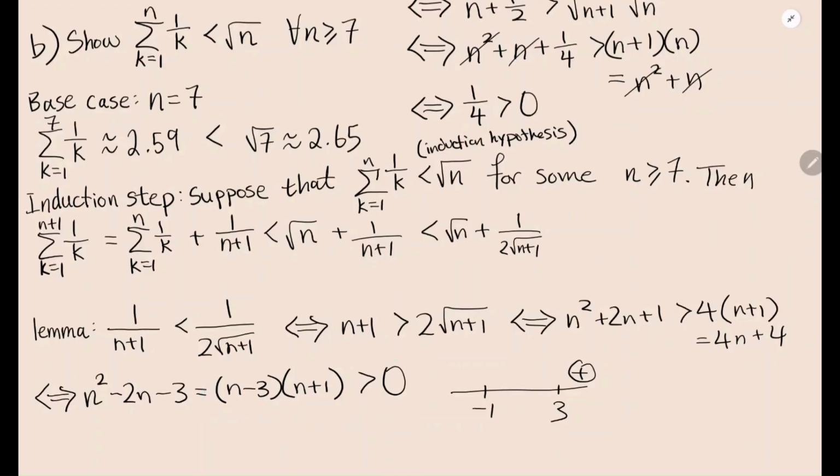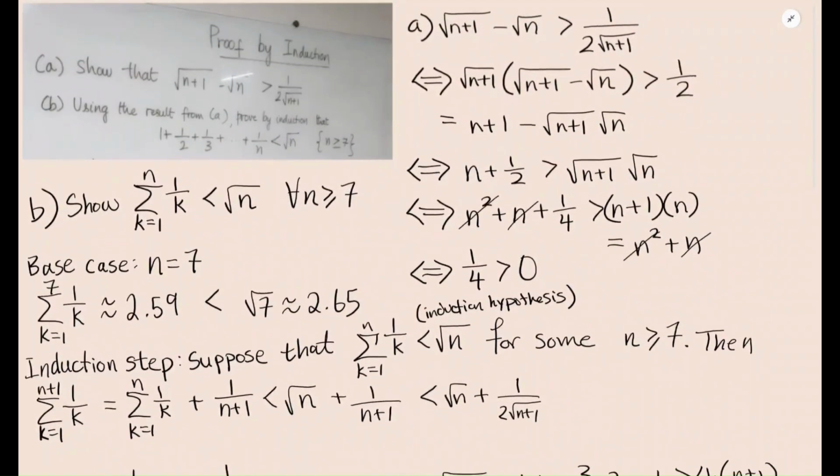Because this statement is always going to be true, since n is greater than or equal to 7, then following the series of these biconditionals, the if and only ifs, we get that this is true. Whenever n is greater than or equal to 7, this statement holds, which means this statement holds too, because I'm simply adding root n on both sides of this inequality. So this is beautiful. Why is that? Because I can actually use part A over here.